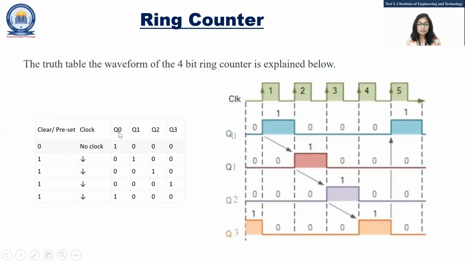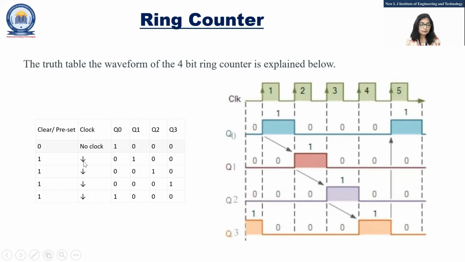That's why the first flip-flop output will be 1 and the remaining will be 0. Why is this 1? Because we are applying a preset signal to this flip-flop. So if I apply this signal 0, it internally becomes 1, meaning the preset signal becomes 1. That's why D0 is 1 and Q0 will be 1. So this way, we are getting 1, 0, 0, 0.